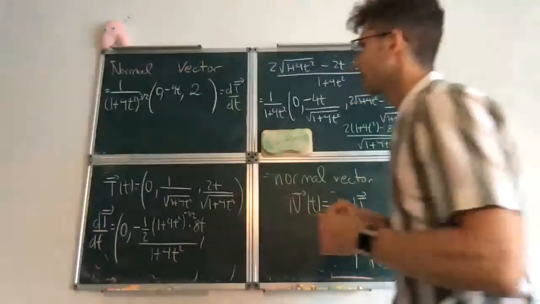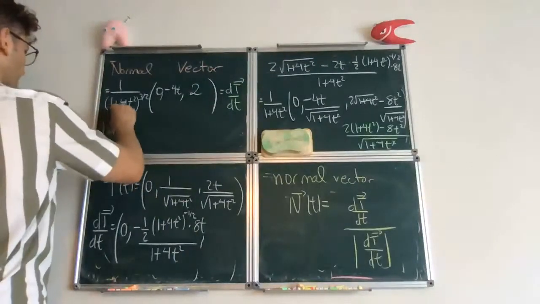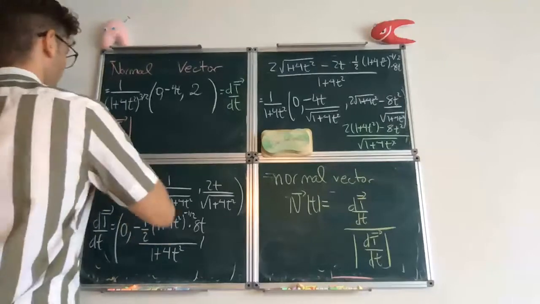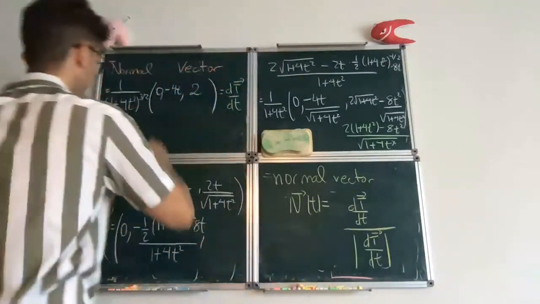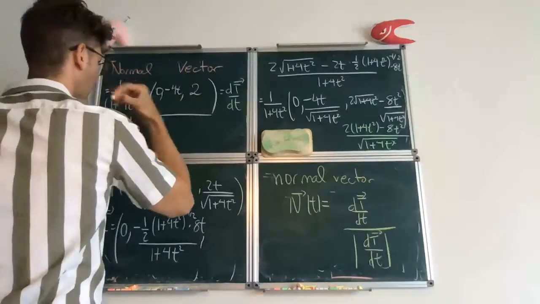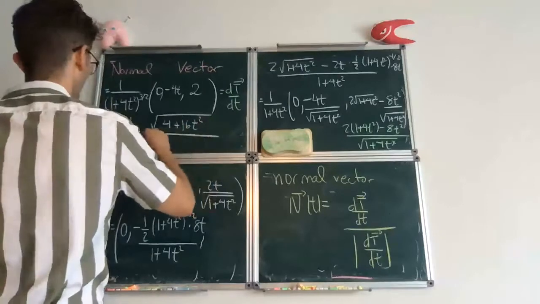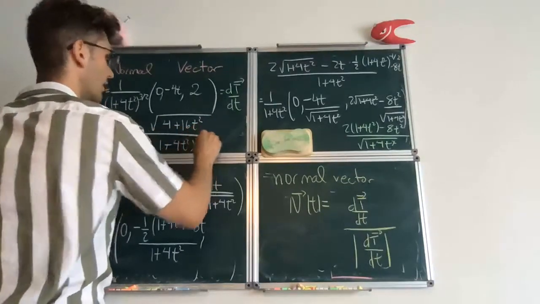This is the derivative, and then you compute the norm of this derivative of this vector. And that will just be root of 4 plus 16t squared over 1 plus 4t squared to the 3/2.